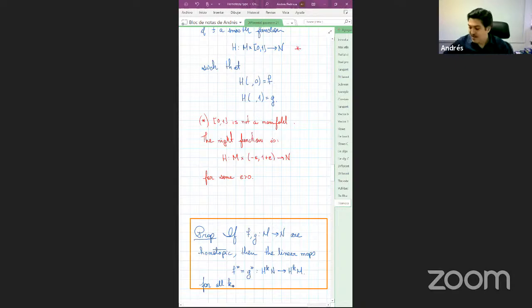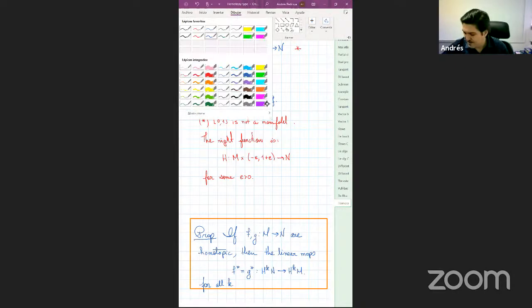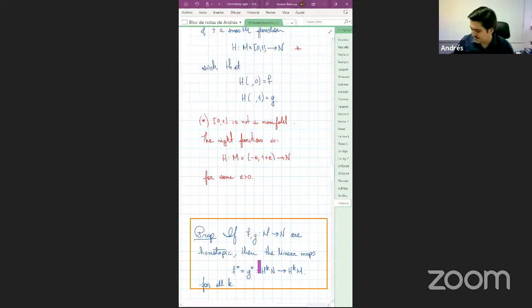Now, remember that this is how we started the class. When M and N are diffeomorphic, we have that. Here, we will do some examples next, but M and N don't have to be diffeomorphic. You only require a homotopy map between them.